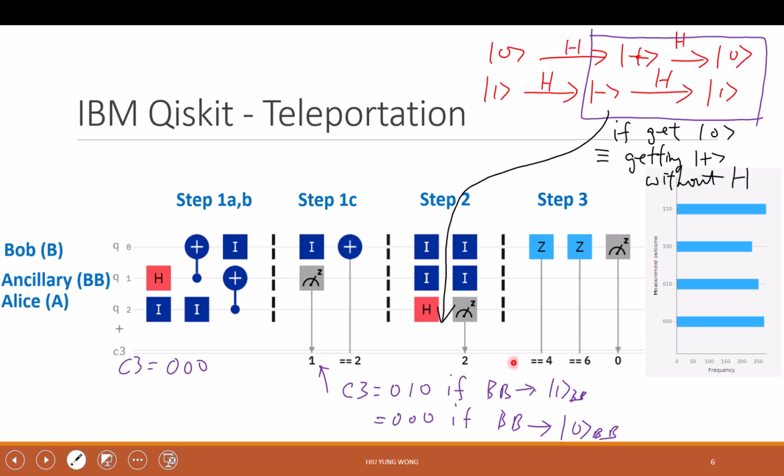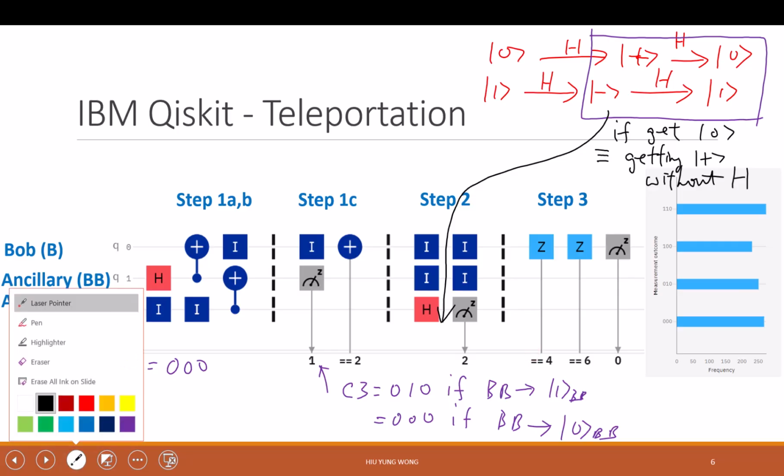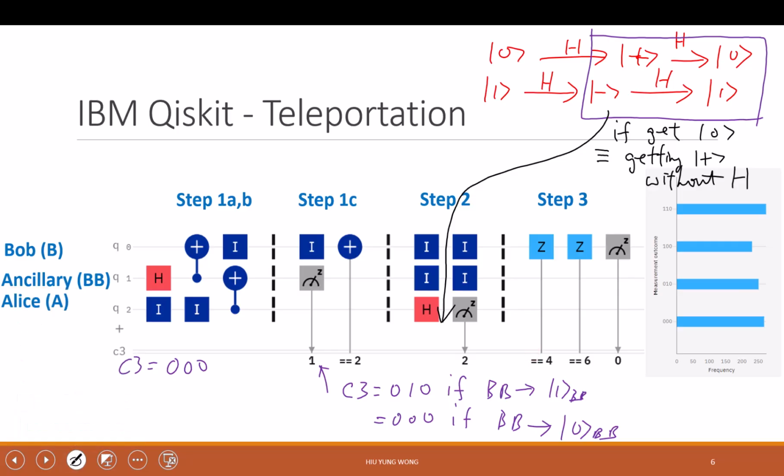This step says that if this register is 4, for example, if she gets... so let's continue. This part, and then we continue to here. This C3 will be equal to 110 if A collapses to 1, sorry.